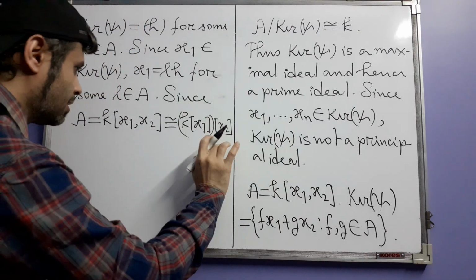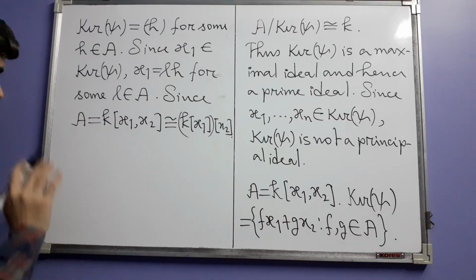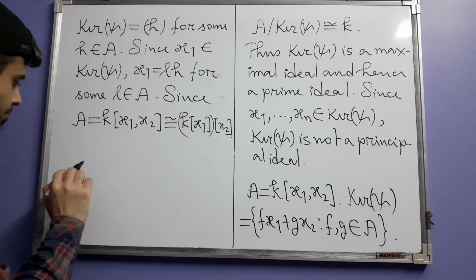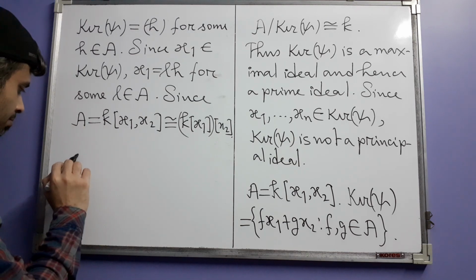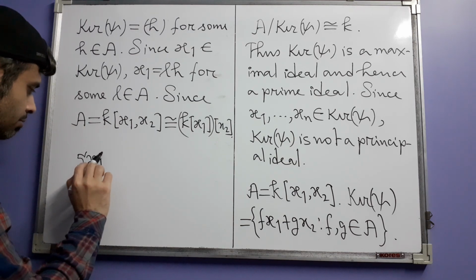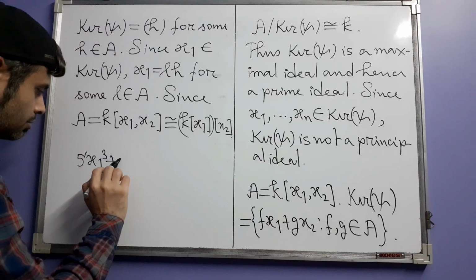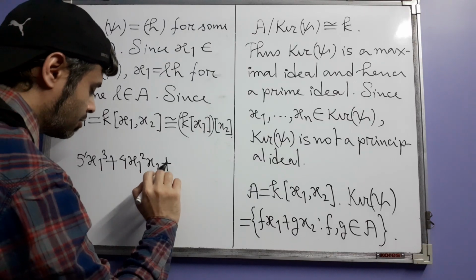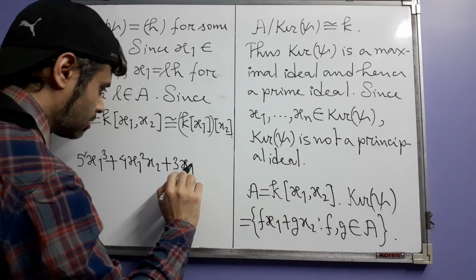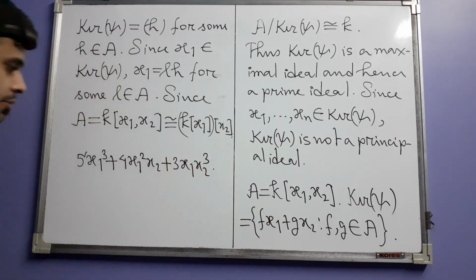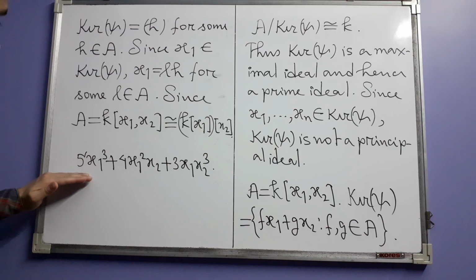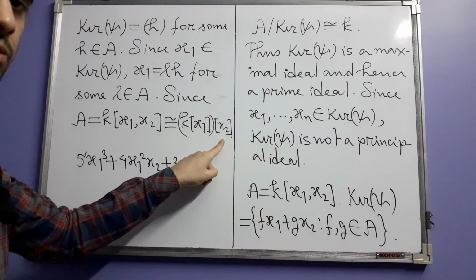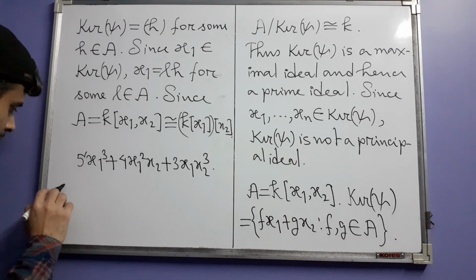How is this justified? I mean, if I just simply think of it, say you consider a polynomial in these two variables x1 and x2. Anything, say 5x1 cube plus 4x1 square x2 plus 3x1 x2 cube. How can you view this, which is an element of this ring, also an element of this ring? Well, that's not very difficult to see.